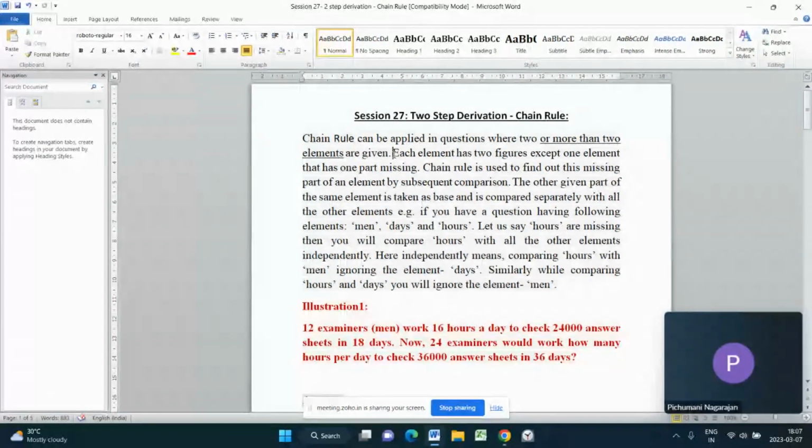So 10 days is given, but how many is missing. So in chain rule, each element has two figures except one element which is missing in the second part. Understood? Chain rule is used to find out this missing part of an element.